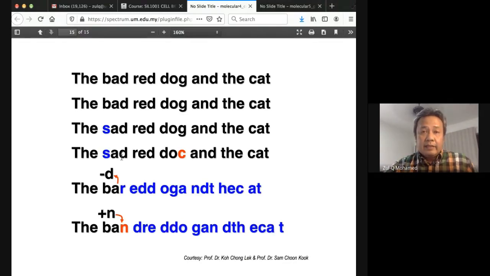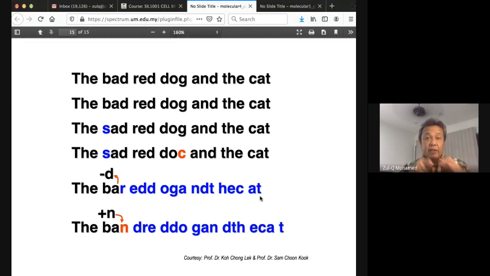Because the reading of the DNA molecule is continuous, it doesn't jump. So you remove one base. Look, this is the original sequence. If you remove the D, then it becomes "THE BAREDD OGA NDT". The whole thing changes, and this is called a frame shift.